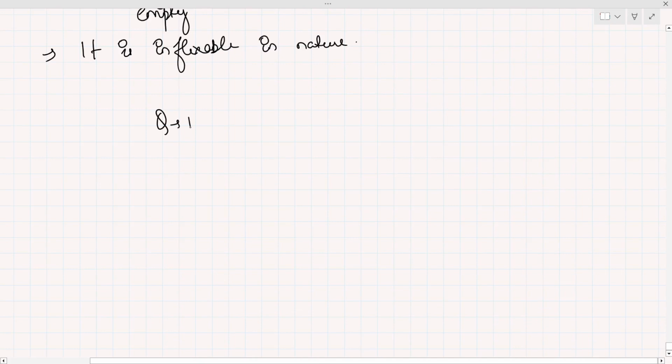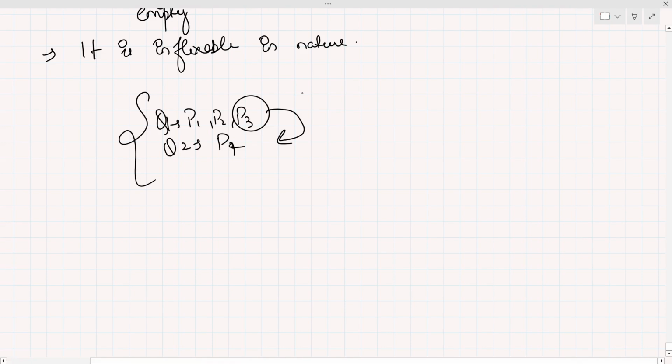Say Q1 has processes P1, P2, and P3, and Q2 has process P4. You cannot shift a process from one queue to another. Let's say you want to shift P3 to Q2, where P3 is available in Q1. You cannot do this. It is inflexible in nature. So you cannot shift processes from one queue to another. This is a disadvantage of this scheduling algorithm.